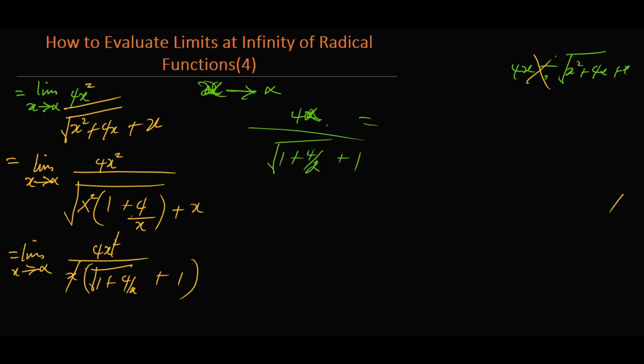And 4 multiply infinity will give us infinity, all over 4 divide infinity is 0. 0 plus 1 is 1. Root 1 is 1, plus 1 is 2.